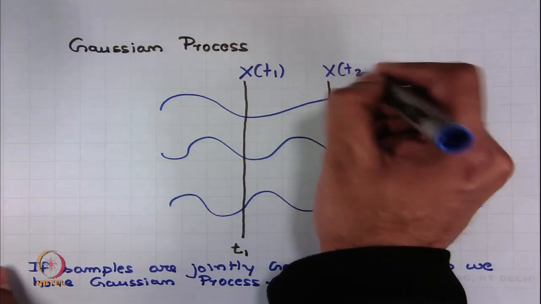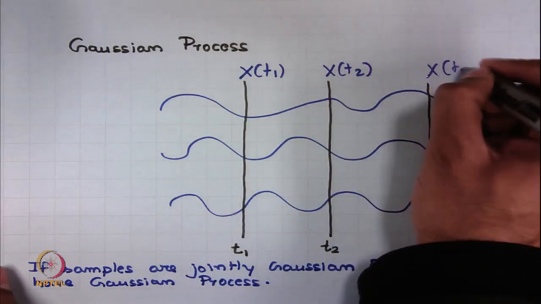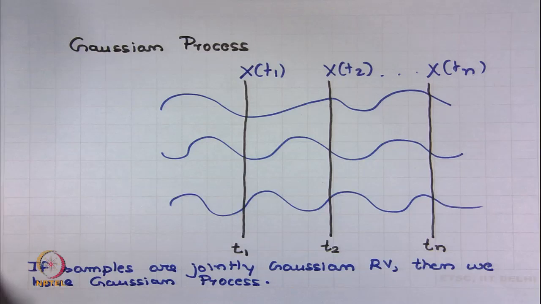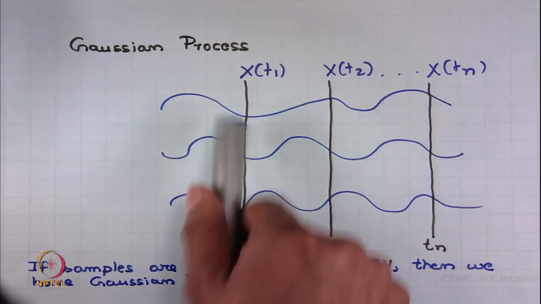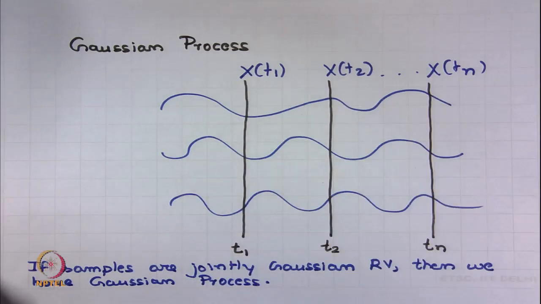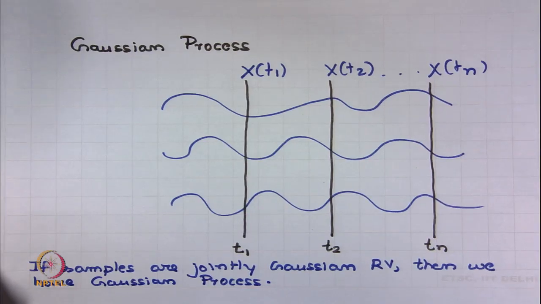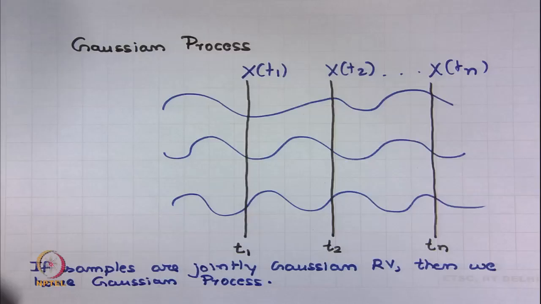Let us say we have obtained n random variables, and if these random variables are jointly Gaussian, then the underlying process is a Gaussian process. Thus, we can define a Gaussian process as a process whose samples are jointly Gaussian random variables. A lot of definitions flowing in.